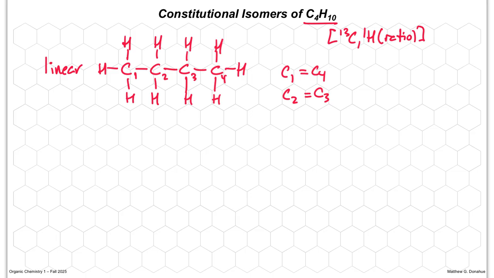One other thing I want to point out about molecules when we're talking about them is some nomenclature that is pretty common, rather than saying carbon 1 or carbon 3 or something like that.